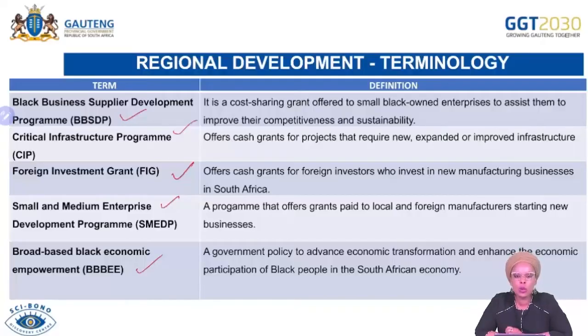They're trying to close previous gaps which were created by the past government. So it's a government policy to advance economic transformation, hence I said it's a redress policy, and it enhances the economic participation of Black people in the South African economy. This means that Black people were also those who were marginalized.